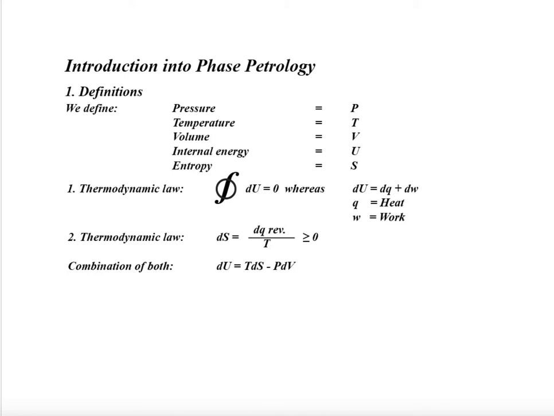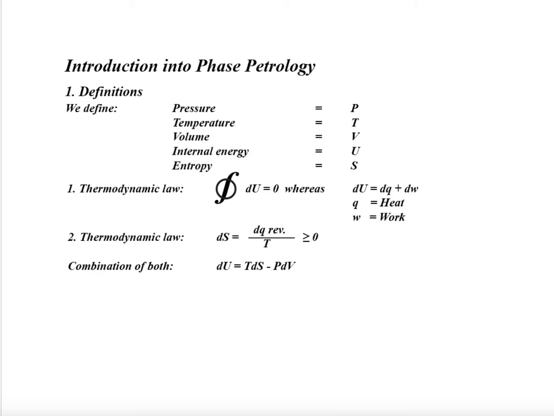So then we have a drastic change in volume. We have the internal energy of a phase, which is U, and that depends also on pressure and temperature.